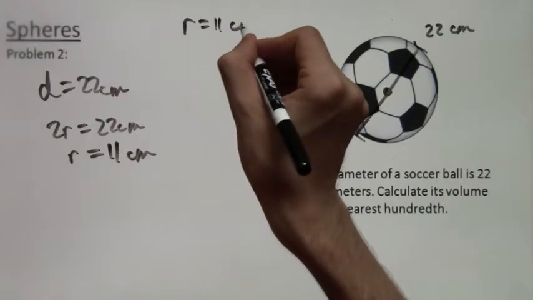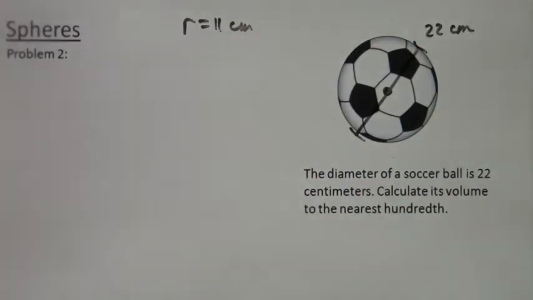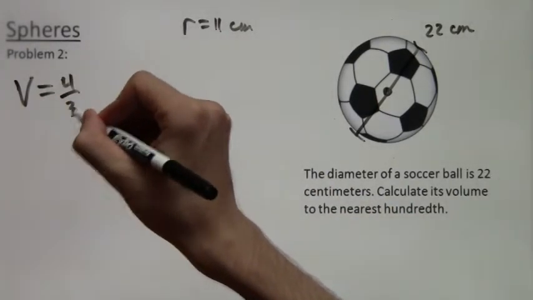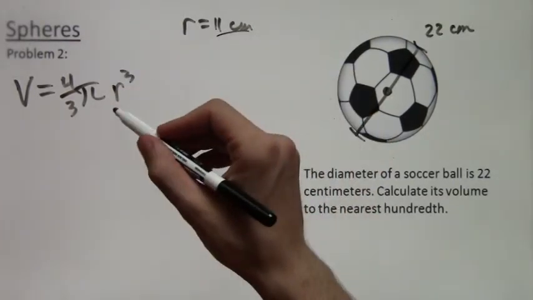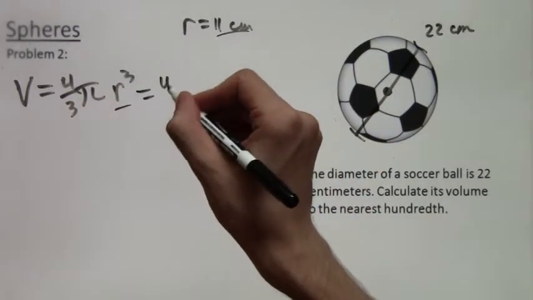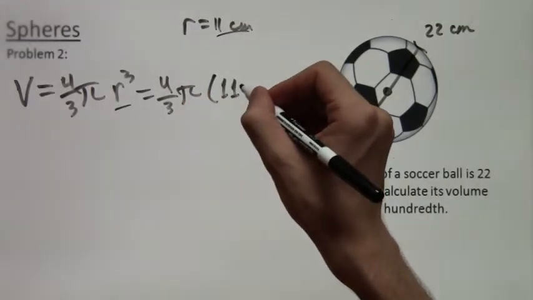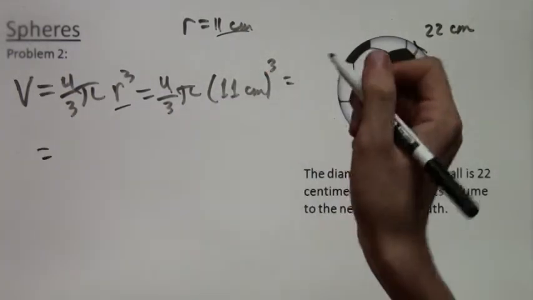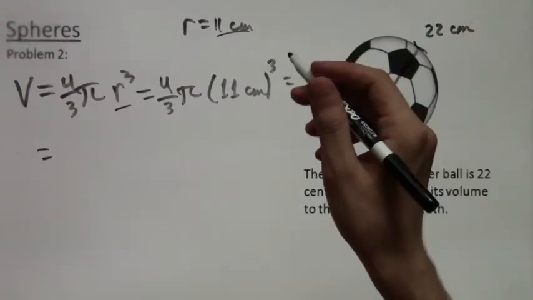So I'm going to write this up here and clear up some room. So volume equals 4 over 3 pi r cubed. We plug in 11 centimeters for r. So we have 11 centimeters cubed. Since we want to have the answer rounded to the nearest hundredth, we're going to need to plug it into our calculator.